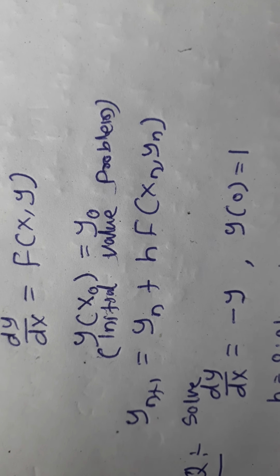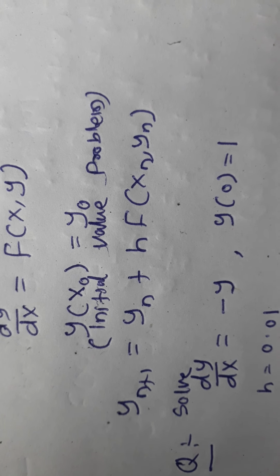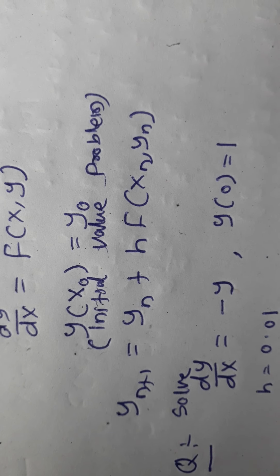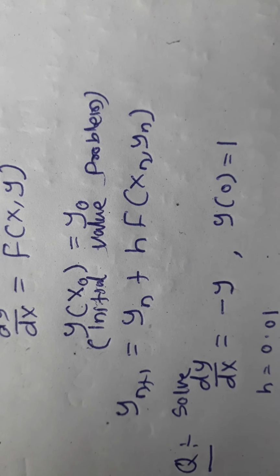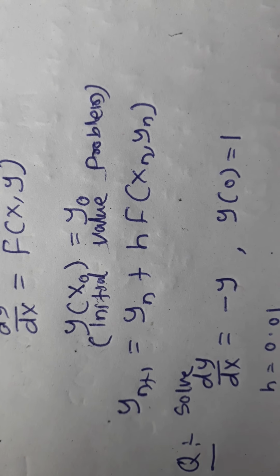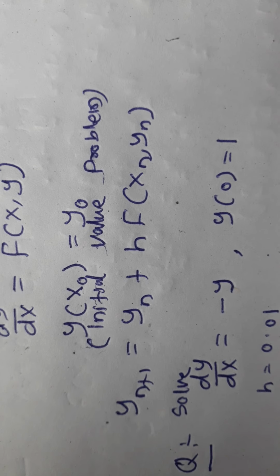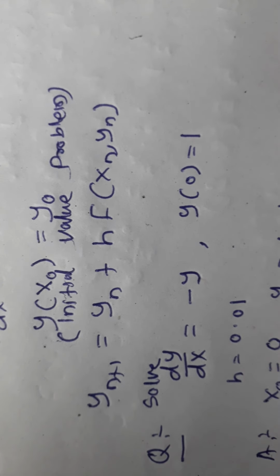Okay. And another thing, the working rule for the Euler method to solve the differential equation is y of n plus 1 equal to yn plus h into f of xn yn, and h is the space between two x values, means x0 x1, x1 x2, x2 x3, h is the space between two consecutive x.